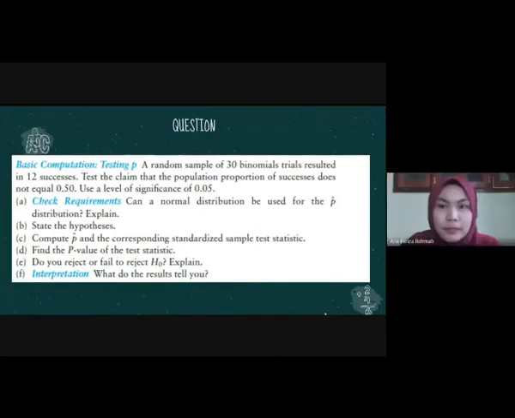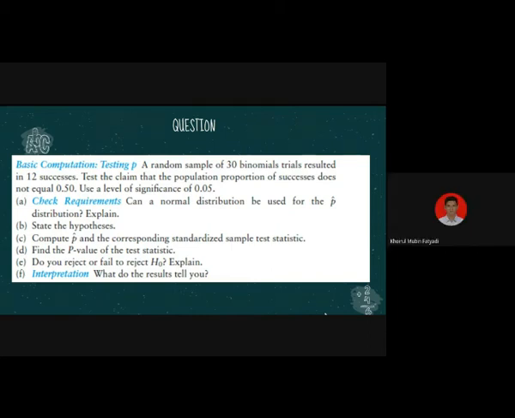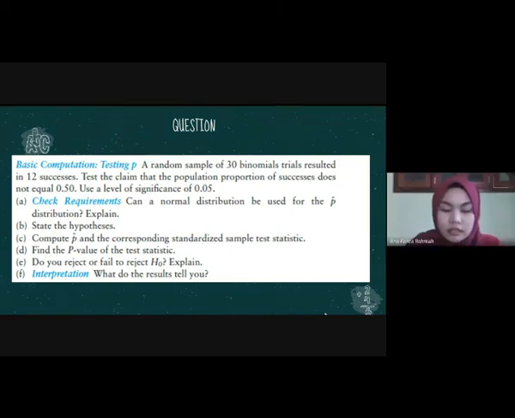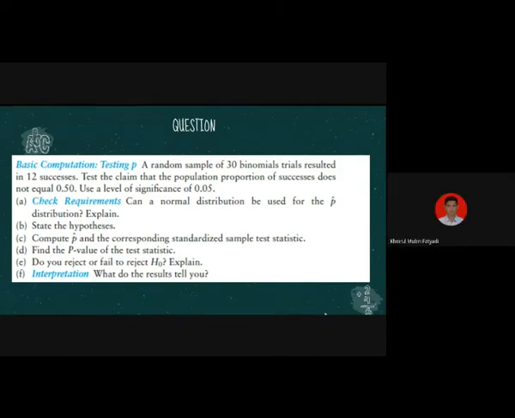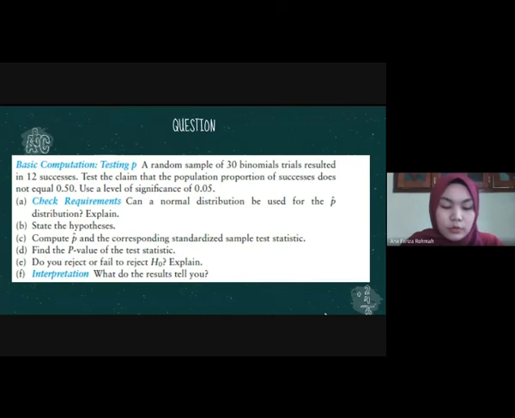Upi, please next slide. Can you see your answer in here? Can you show the answer in here?